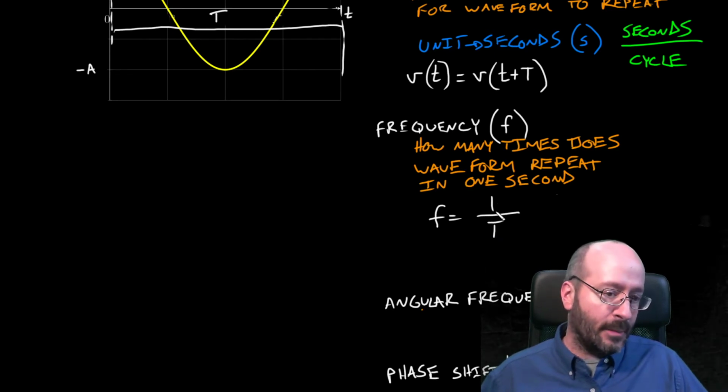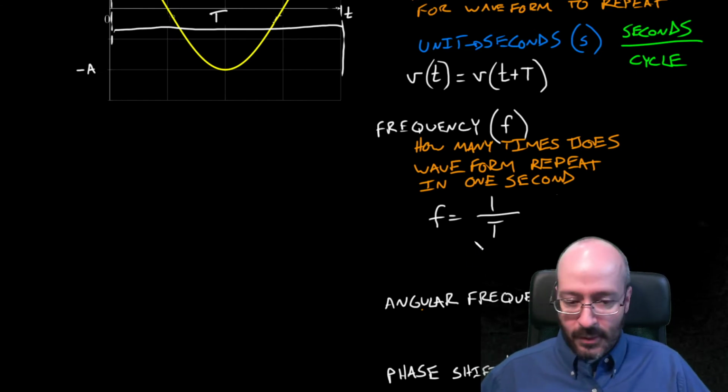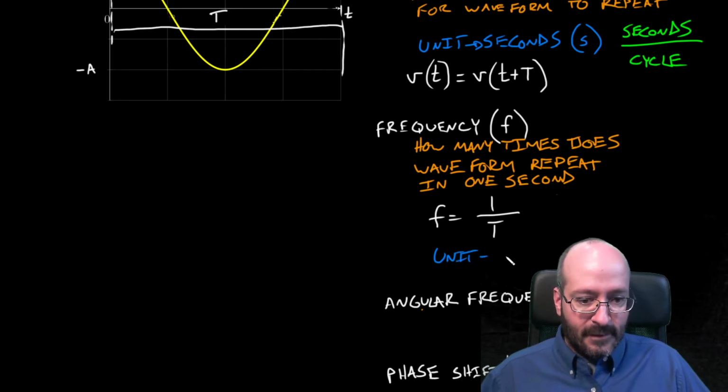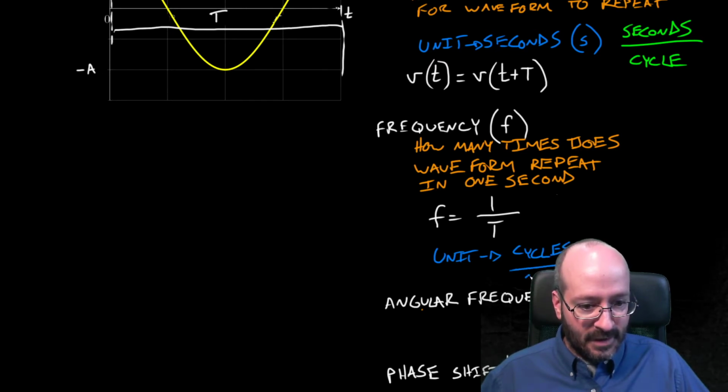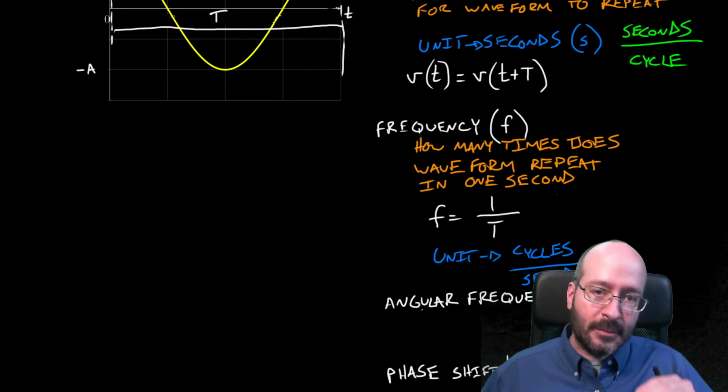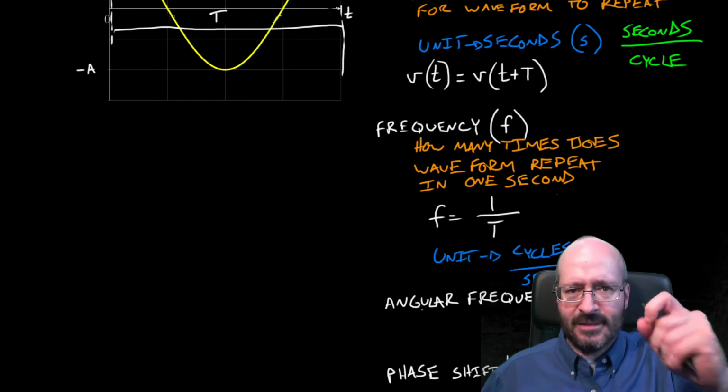If we're thinking about this alternate unit, then the unit is cycles per second, so how many times does it repeat per second? It becomes a little cumbersome to say cycles per second over and over again, but I want that conceptually in your head.